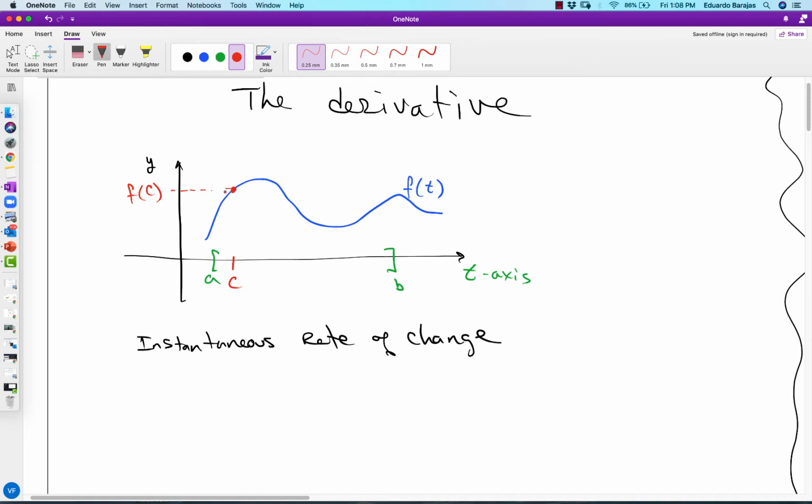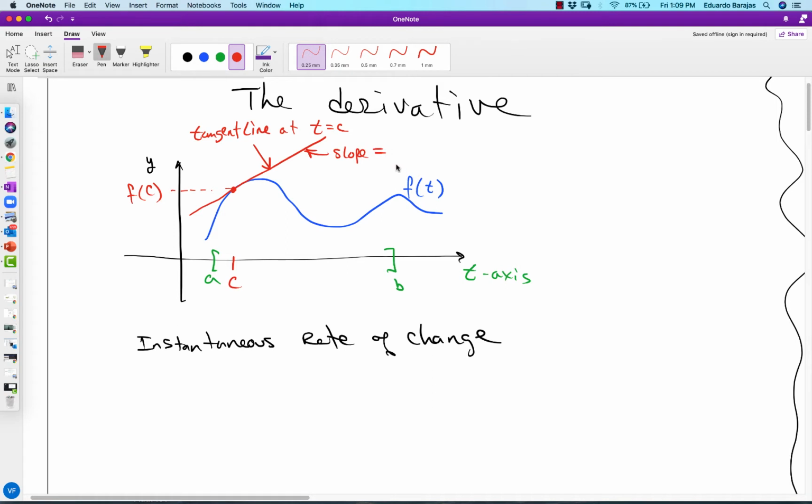So for that, we introduced this idea of the tangent line. So this is the tangent line at t equals c. And then what's the slope of that line?